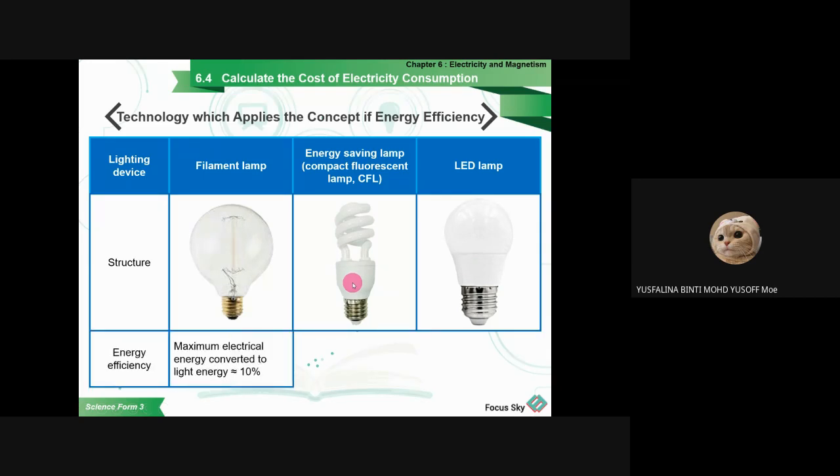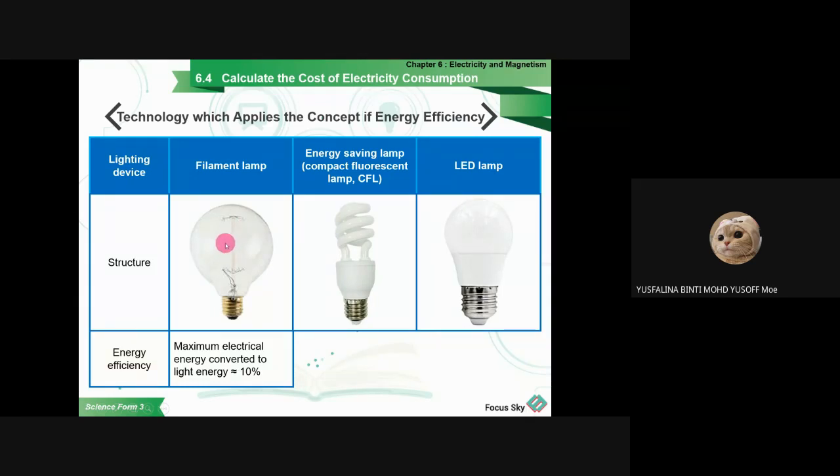For the filament lamp, the maximum electrical energy converted to light energy is almost 10%. So if you give 90 joule, only 10% of it is released as light energy.